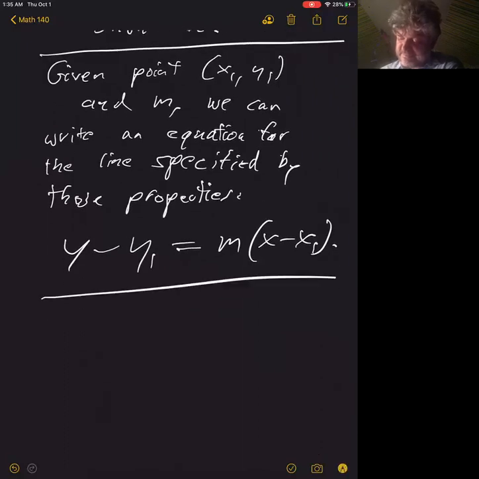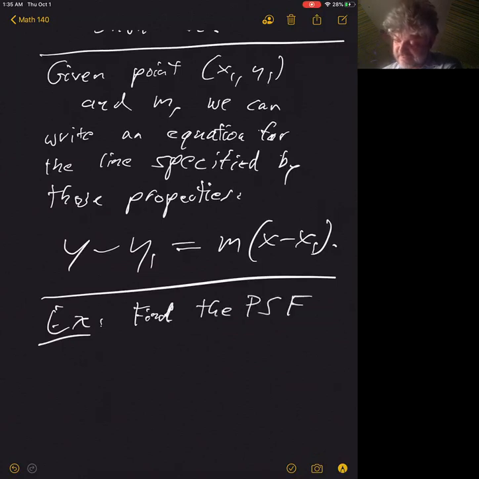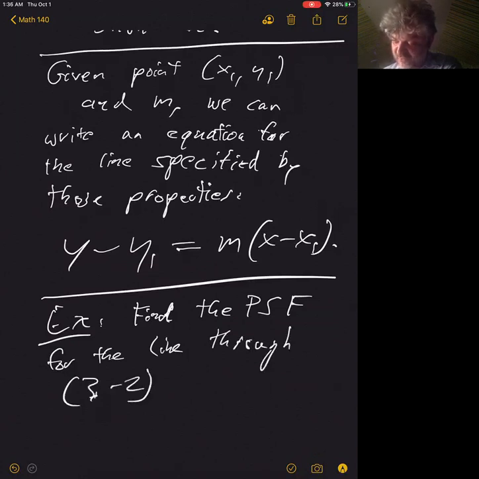So as an example, find the point slope form, PSF, for the line through the point (3, -2) with slope -3.